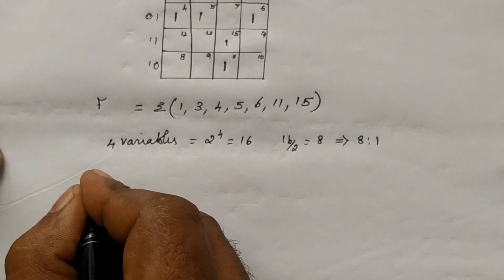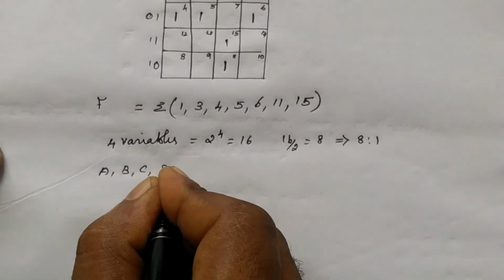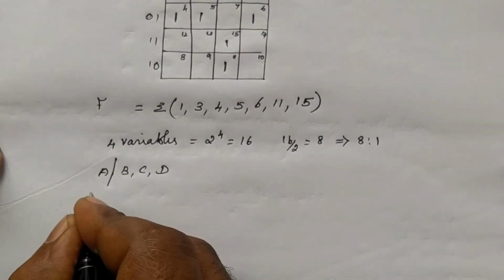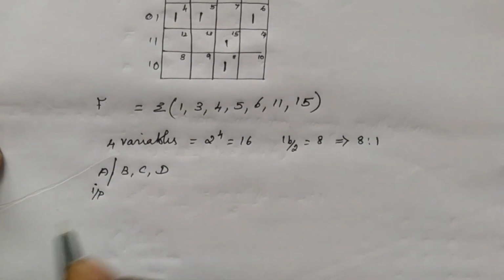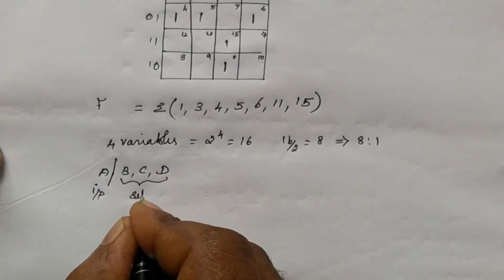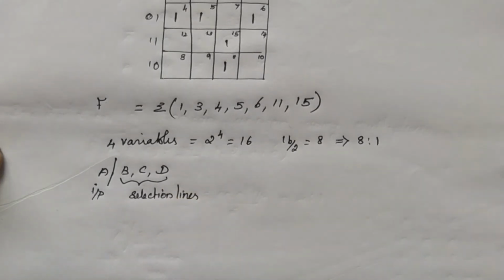We have the variables A, B, C and D. The first variable should be used as input, and the remaining variables we consider as selection lines. Therefore A is considered as input and B, C, D are selection lines.